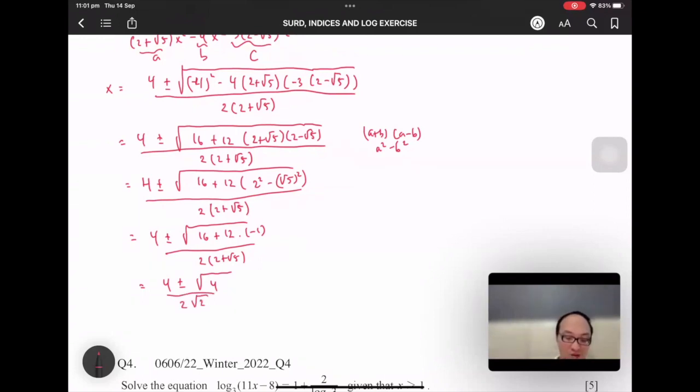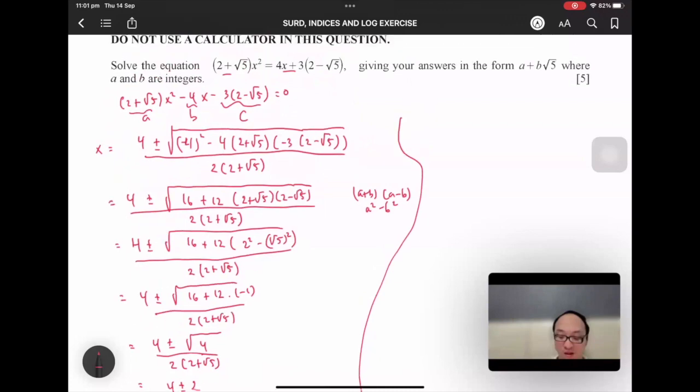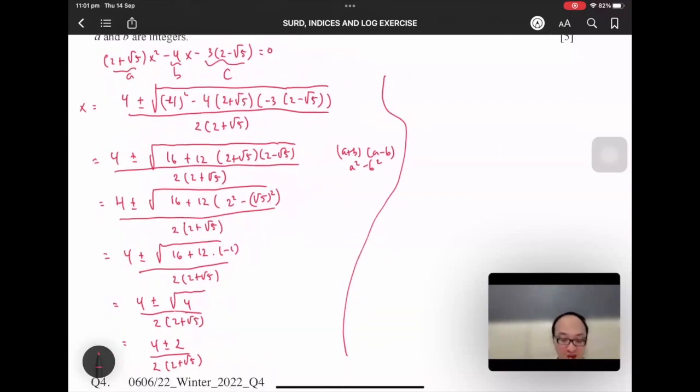Over 2 times 2 plus root 5. So we can simplify: 4 plus or minus 2, over 2 times 2 plus root 5. And then we can have x equals 4 plus 2. So this is 6 over 2 times 2 plus root 5.